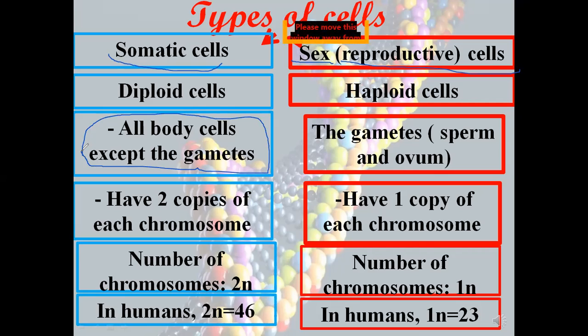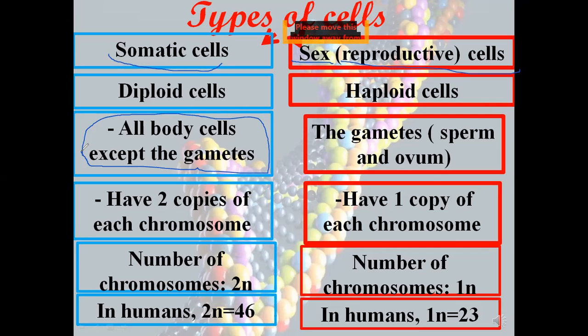So all the body cells are somatic, like the skin cell, hair cell, liver cell, pancreas cell, small intestine cell, eye cell, the nose cells, the cells of the mouth, the cells of the stomach. All of them are somatic cells.